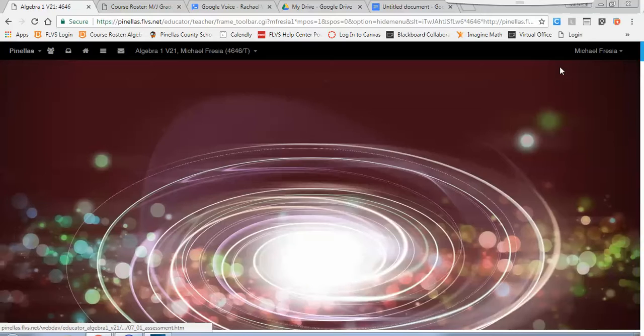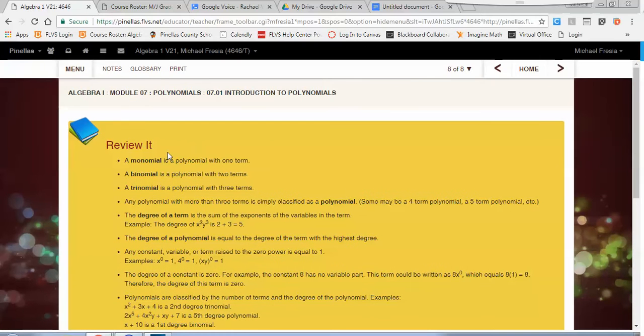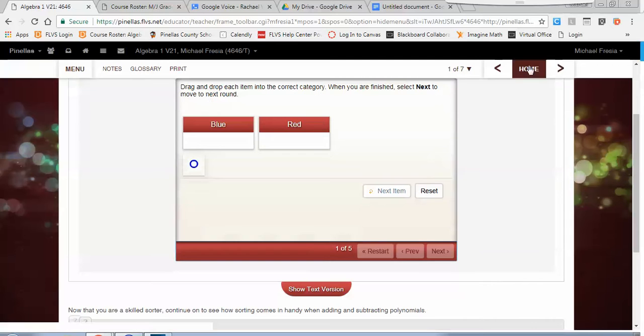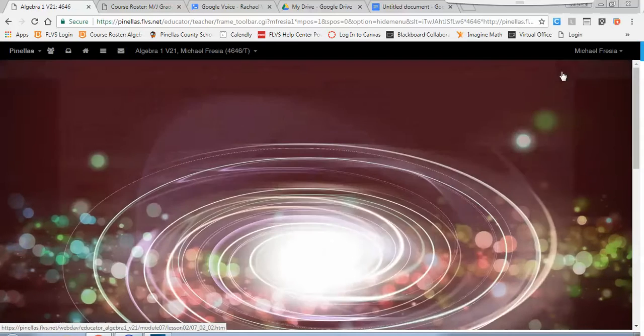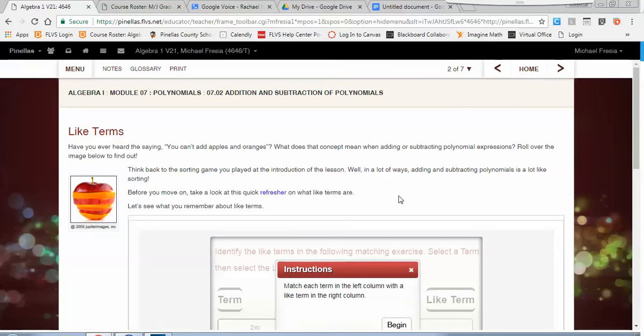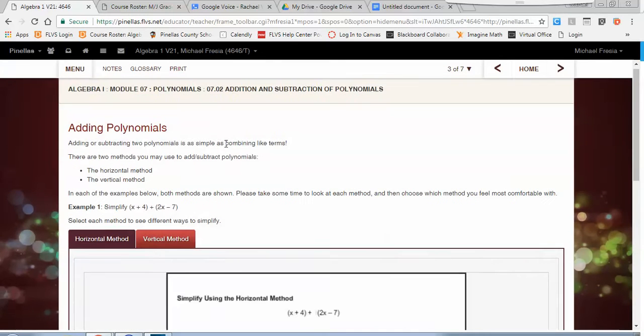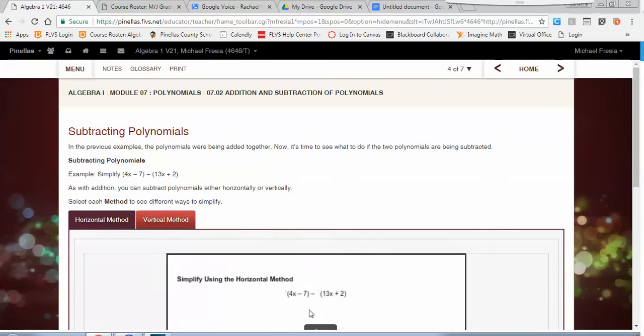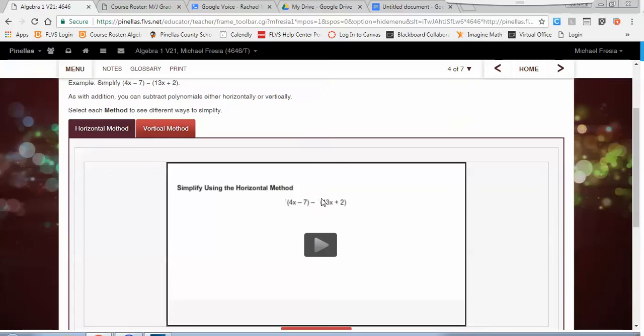Now the next thing that I noticed is that not just dealing with a degree, but now dealing with addition. Now addition never seems too hard because you line up the correct matching terms, like terms, things with like variables. The part that becomes more confusing is when we do subtraction, because when we have a subtraction problem, you have to remember to, like this one, take the negative sign and distribute it.